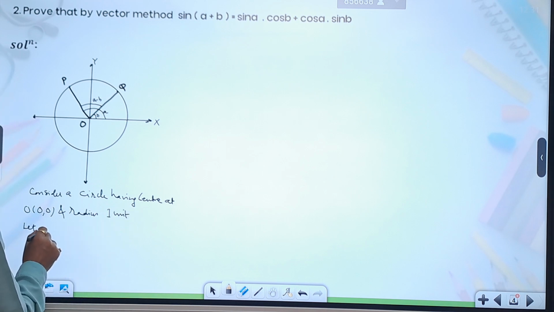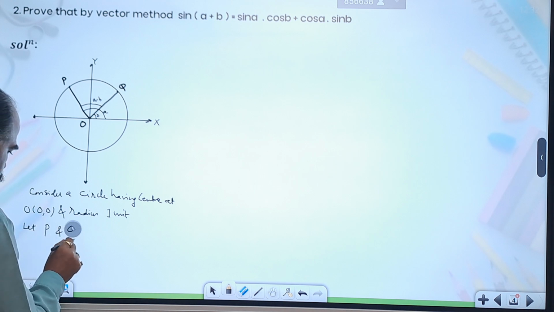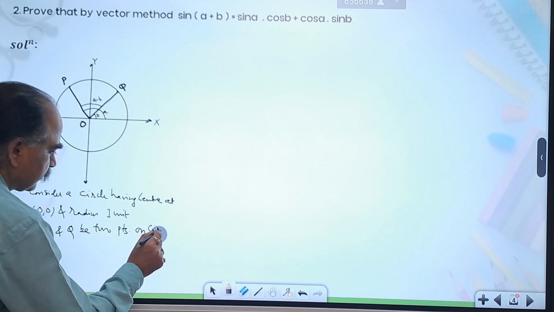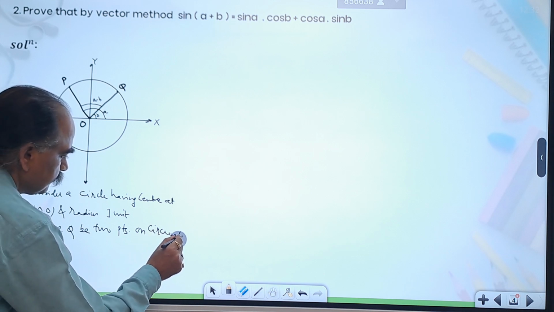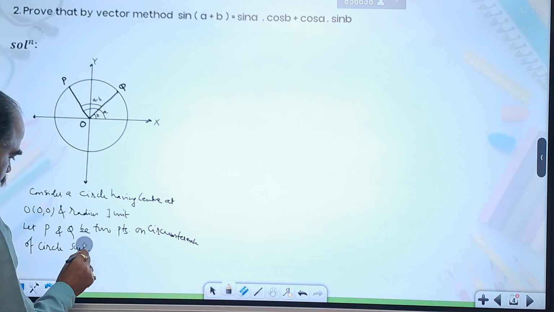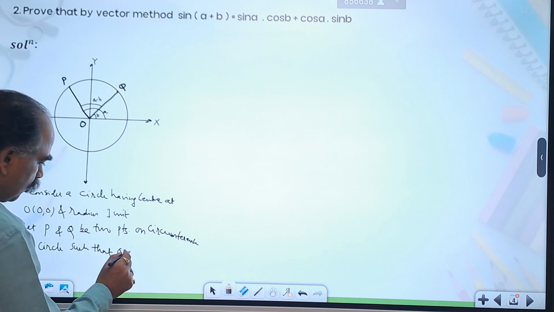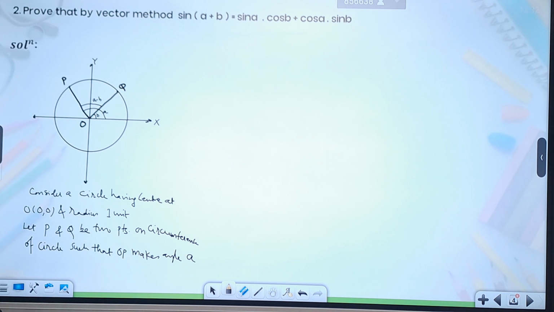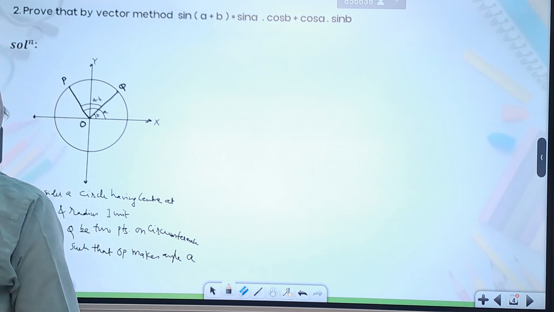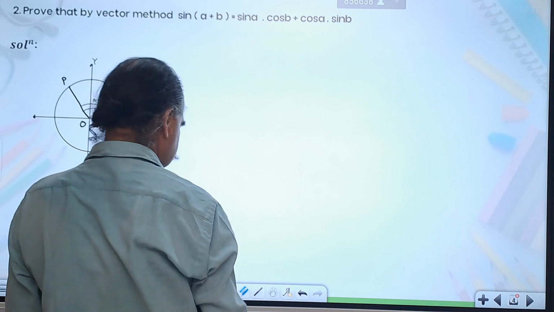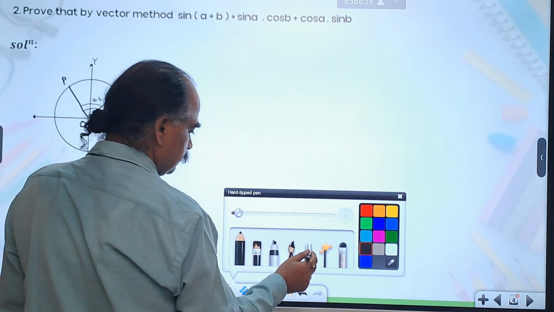Let P and Q be 2 points on circumference of circle such that OP makes angle A and OQ makes angle B. This I am proving for cos A minus B. Sin A minus B, cos A minus B I am proving. And then we'll prove for other two.